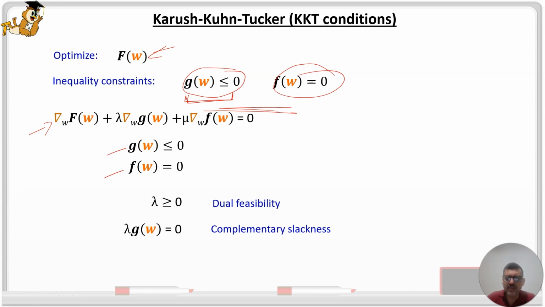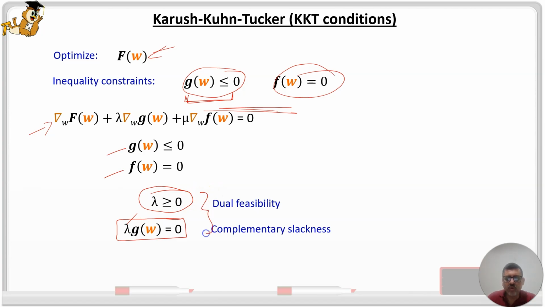What actually happens, just to take this a step further, you can have what are known as dual feasibility constraints, and you can also have something called complementary slackness. So you could say that lambda times g is equal to 0, so either lambda is greater than 0 and g is 0, or vice versa.